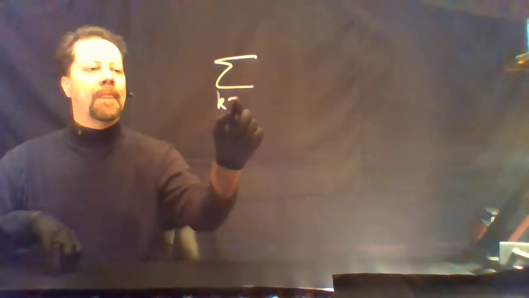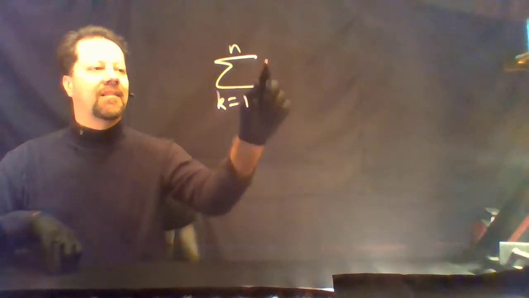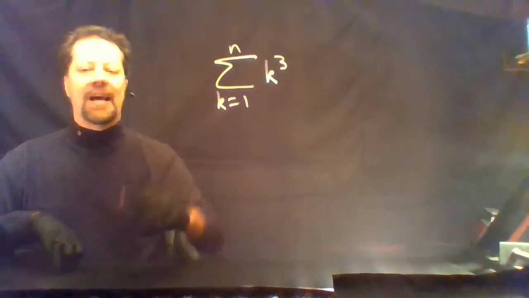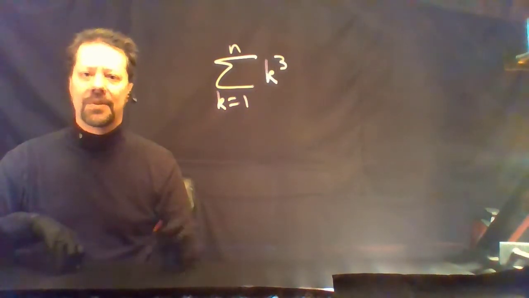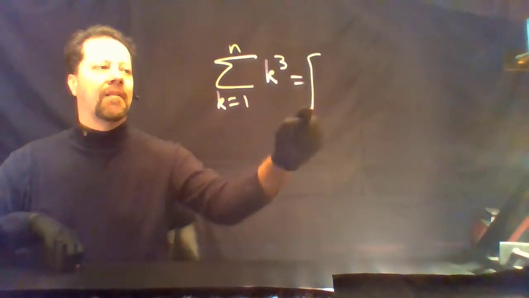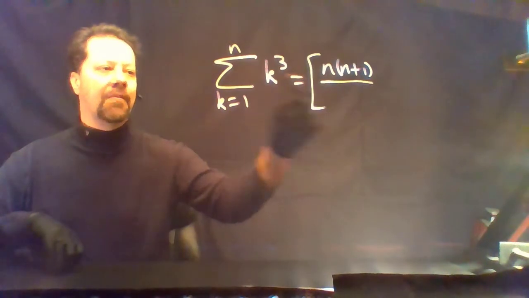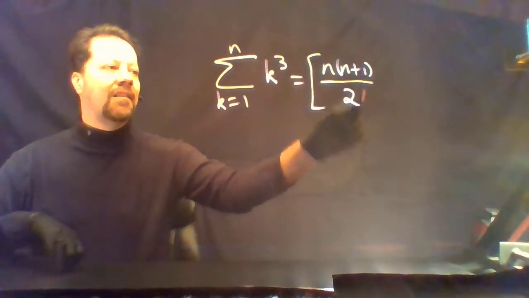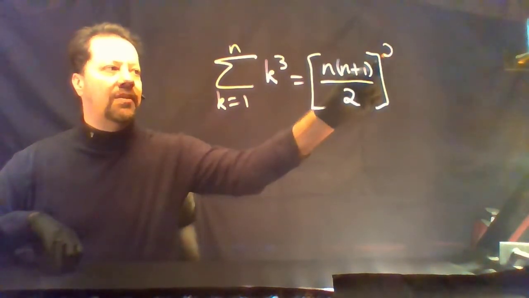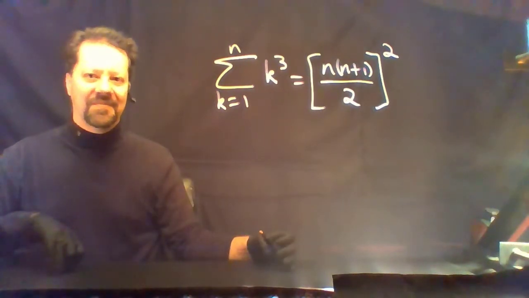There's another formula you need to know. What happens if you're summing cubes? The formula here is similar to the first formula we showed for sum of just k. It's just squared.